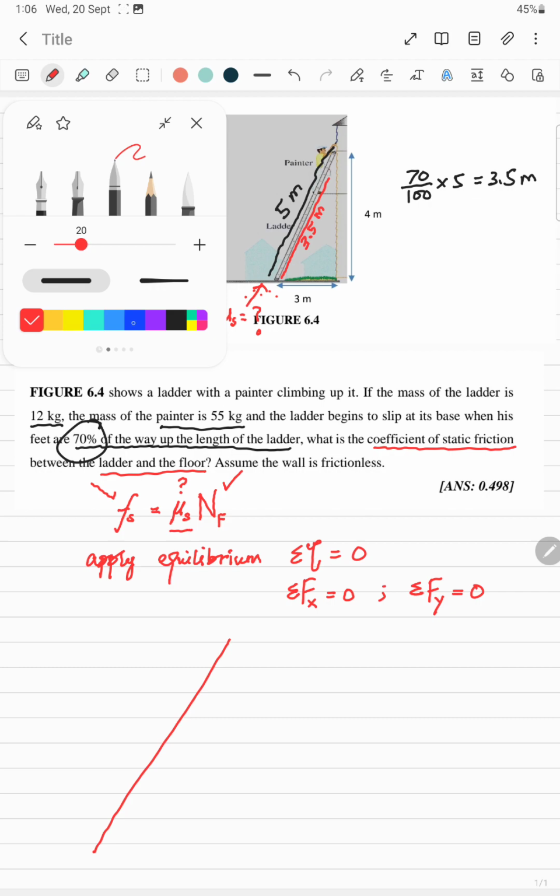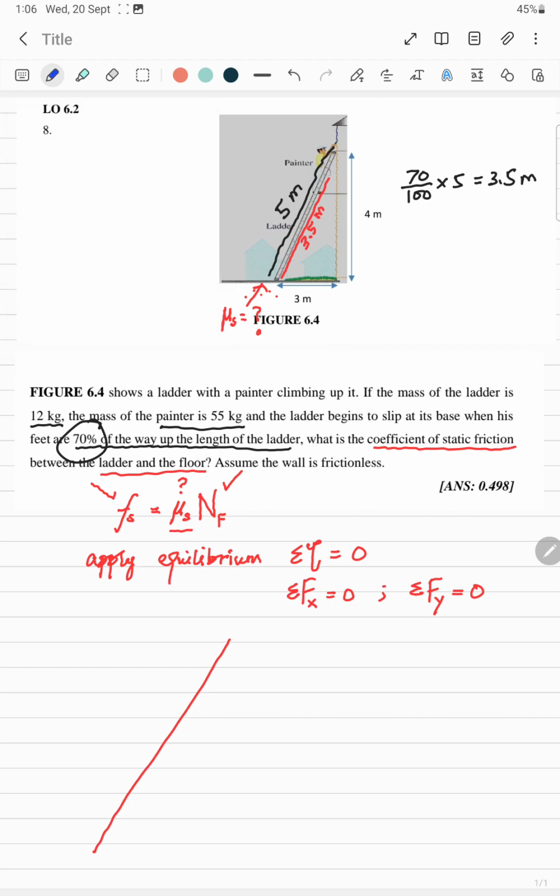So what forces are acting on the ladder? We can start with the mass. Since the ladder has a mass of 12 kg, assuming the ladder is uniform, at the middle point, 2.5 meters, we are going to have the weight of the ladder acting downward, which I denote by WL.